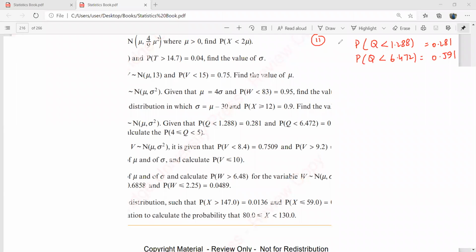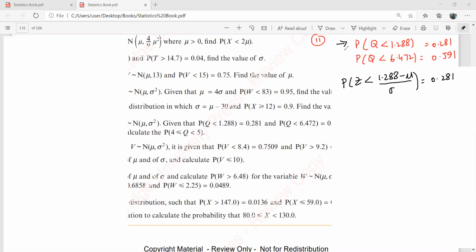Now, can I write this using that standardization? Can I write this as the probability Z is less than 1.288 minus mu over the standard deviation, that is equal to 0.281?